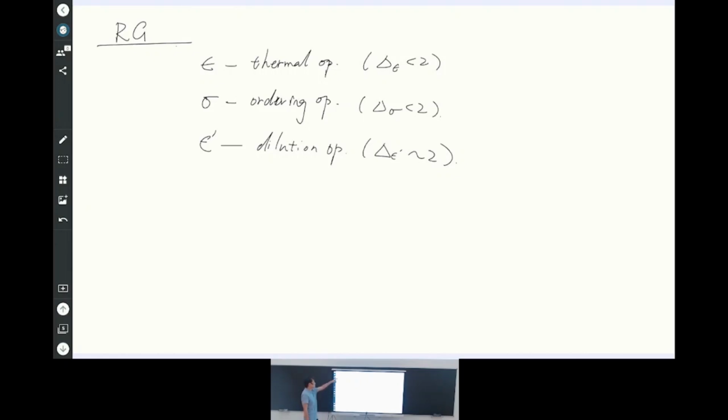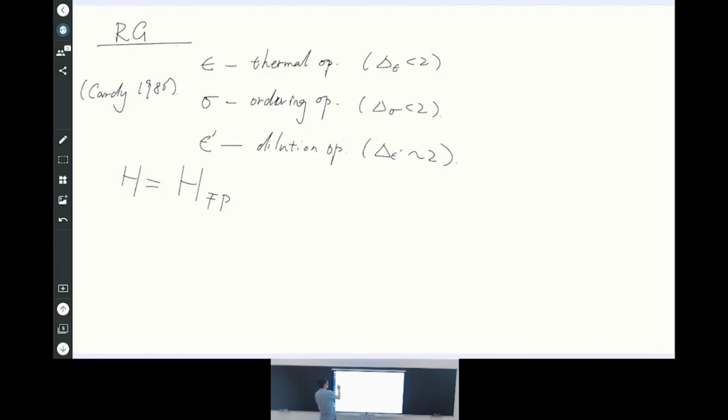Actually, the RG property was first studied by Cardy in 1980. To study the RG effect, we can think about the problem within conformal perturbation theory. Say you have a Hamiltonian, which can be expressed as close to a fixed point, described by some CFT, for example.